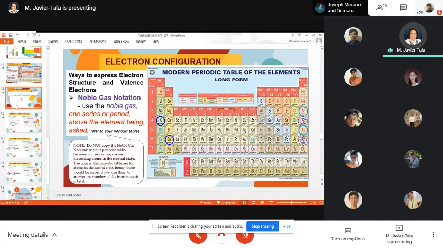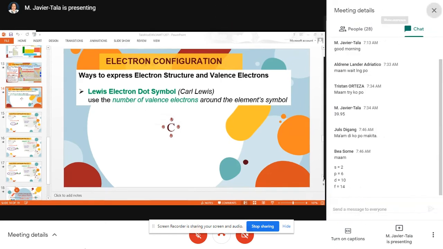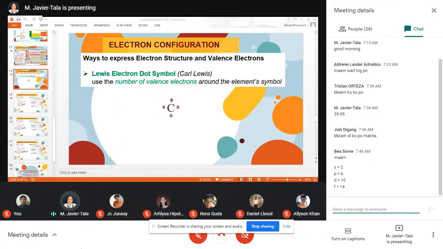Anyway, we have examples later. So next, class, the easiest way of expressing electron structure is the Lewis electron dot symbol. Carl Lewis, class, is one of those who differentiated acids from bases.